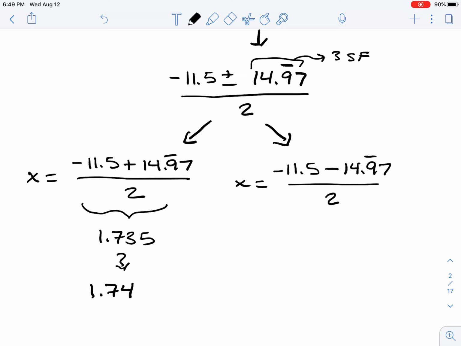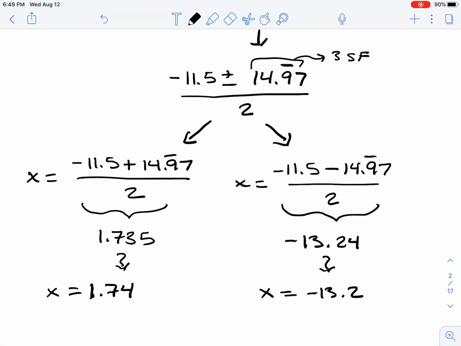Okay? So this is going to be one value for x. And if I reduce negative 11.5 minus 14.97 divided by 2, I get negative 13.24. If I keep 3 sig figs, I get another x value of negative 13.2.